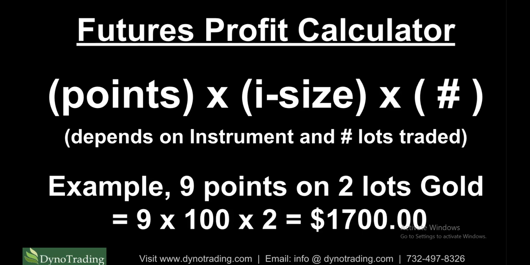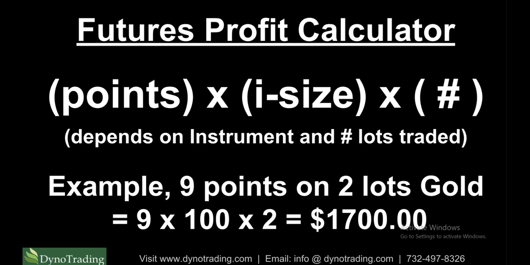The next concept is called instrument size or contract size. This is really the main concept you need to understand. Every futures instrument is going to have its own contract size, and it's represented by a number. As an example, the contract size on gold is 100. What does that mean? Well, one contract of gold contains 100 shares.